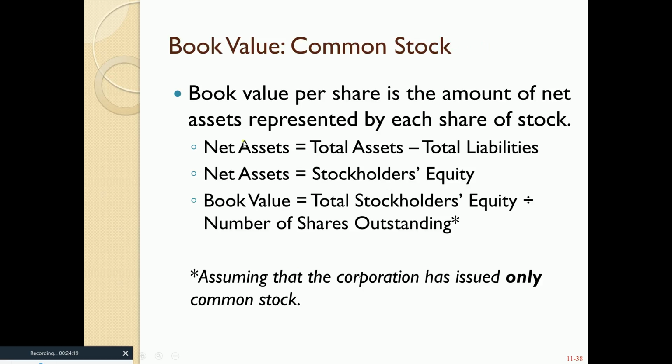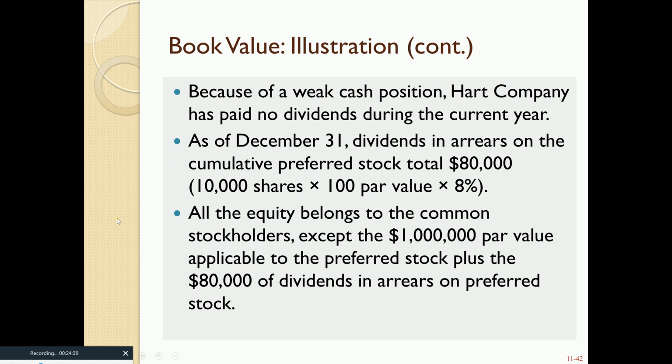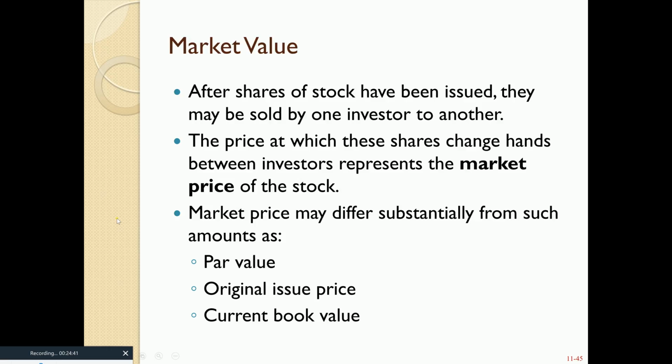Okay. The value of the common stock is called the book value. The book value is different than market value. The common stock might have a book value of a certain price, but the market value could be a lot higher. So let me fast forward here to look at market value. Market value is actually what the stock could be sold for on today's market.